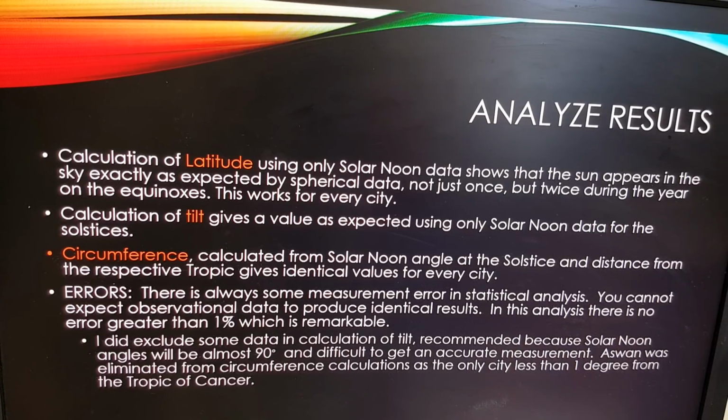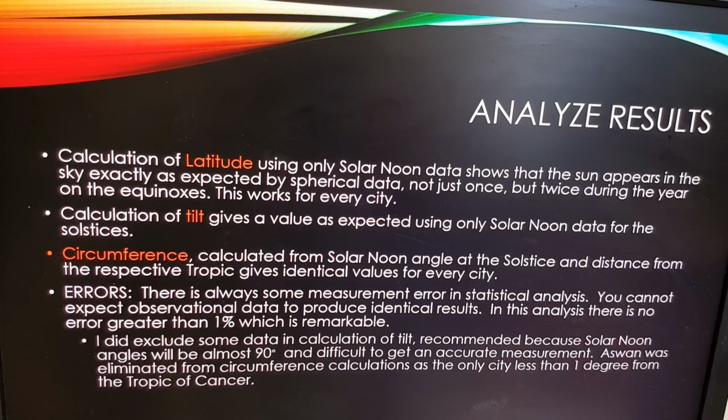And again, from before, you remember that I did exclude some data in calculating tilt, which was recommended by the website, because solar noon angles will almost be 90 degrees and difficult to get an accurate measurement.